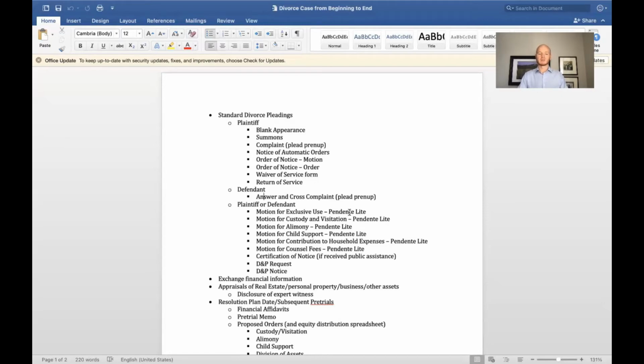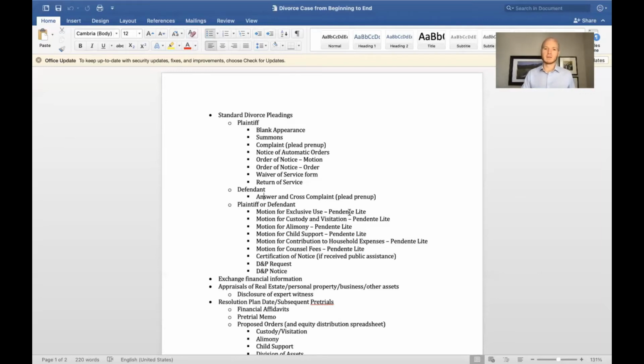So you need to start to come up with a plan of what the visitation schedule is going to be once the parents are living apart from one another. And sometimes during the divorce, they are living apart from one another, in which case you need Pendente Lite custody and visitation orders to figure out who's going to have the kids during what time periods while the divorce is pending.